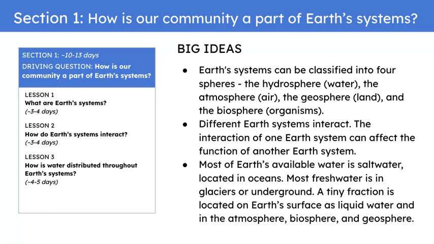Most of Earth's available water is salt water located in oceans. Most fresh water is in glaciers or underground. A tiny fraction is located on Earth's surface as liquid water and also found in the atmosphere, biosphere, and geosphere. Combined, introducing the anchoring phenomenon and Section 1 should take about 10 to 13 days to complete.